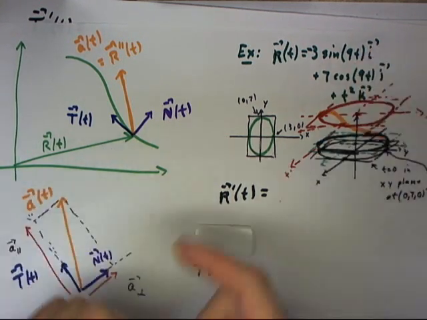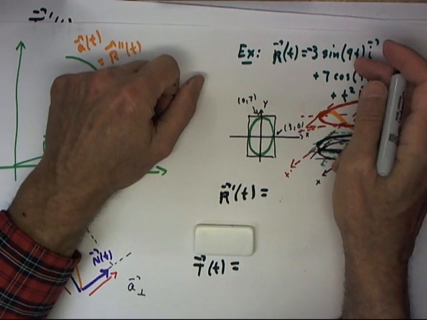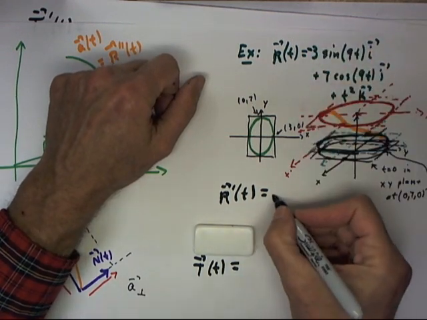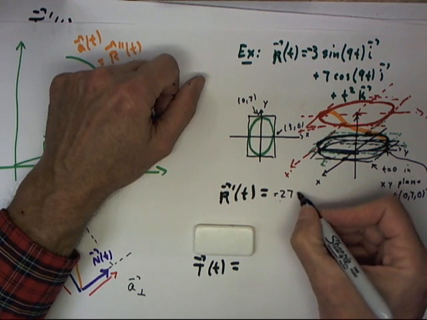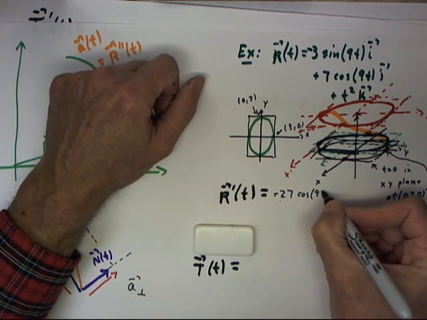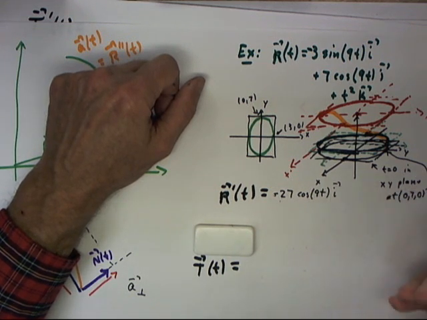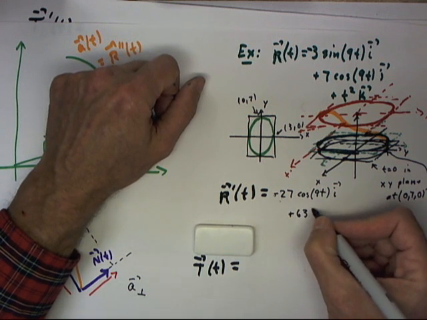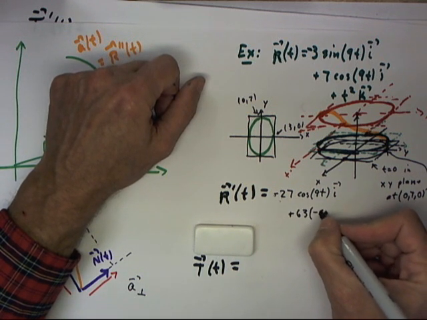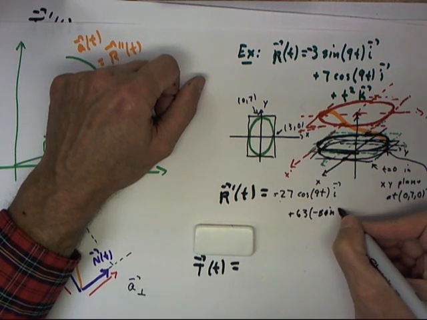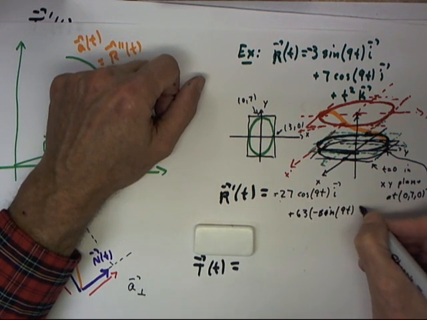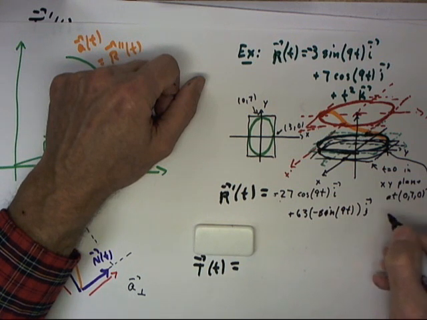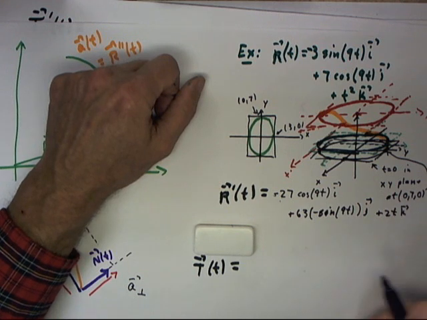to the derivative of the i component, and that's going to be 9 times -3. Well, I'm not going to do the details. That's 27 times the cosine of 9t i plus 63 times negative sine of 9t j plus 2t k.